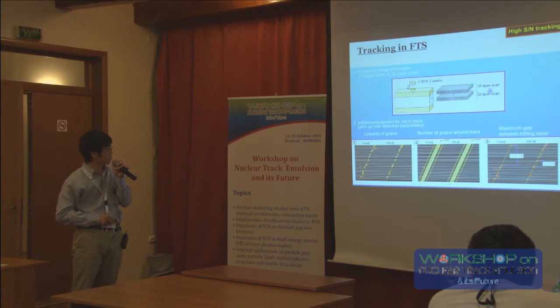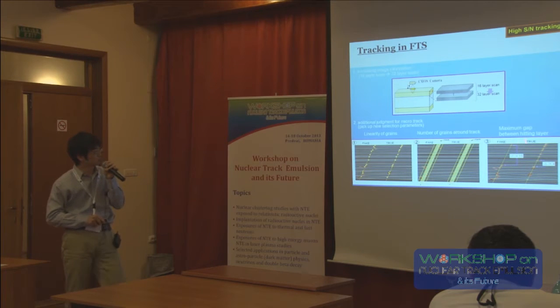One is the linearity of grain, and the second is the number of grains around the track. This is a fake track. This is a true track. Finally, we took the maximum gap between hitting layers. This is the Compton and fog chance coincidence.